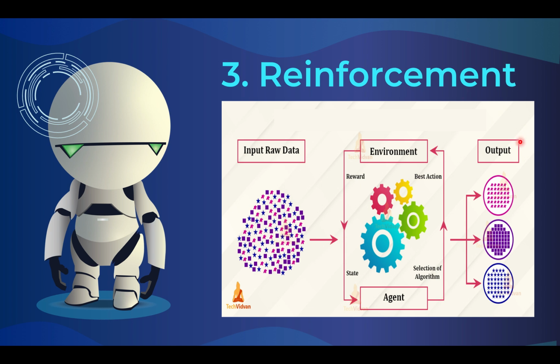Now it correctly outputs the labeled data, like in this picture. Here we have an AI agent interacting with the environment, improving itself, and then it makes different clusters of the data.